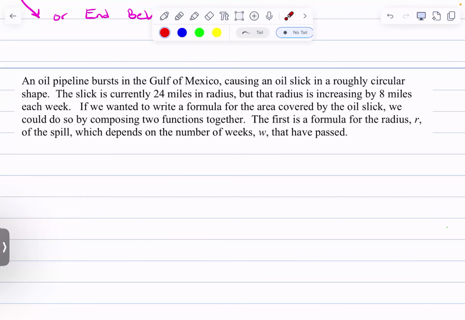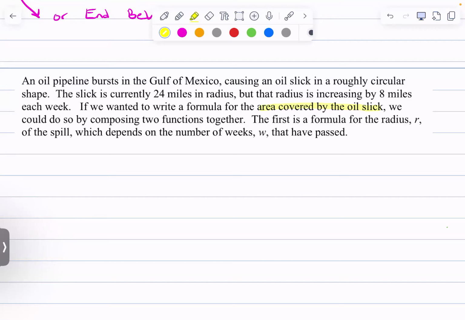If we wanted to write a formula for the area covered by the oil slick, we could do so by composing two functions together, right? Function composition.